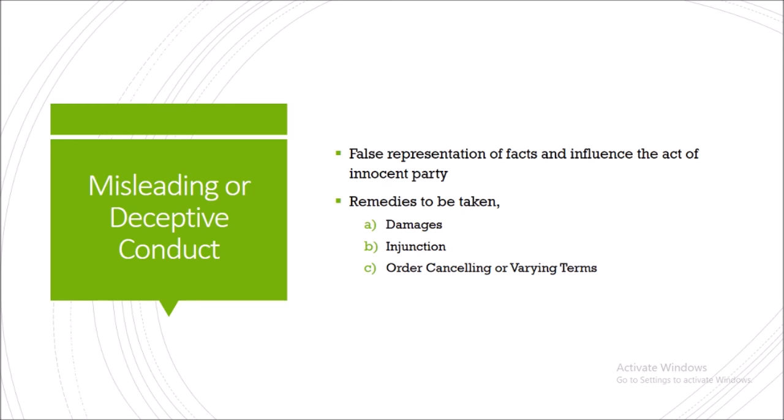So false representation of facts and influence the act of the innocent party. It's similar to the aforementioned both. False representation of facts and influence the act of the innocent party. So also there you can see, as an example, if you are a candidate for an interview, so you include some misleading information, like let's say if you are an undergraduate of a particular program, you say that I've already completed my bachelor's degree in management, right?